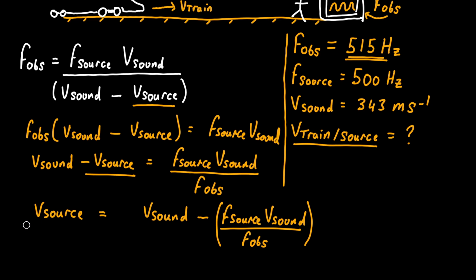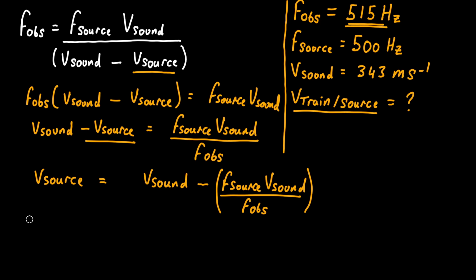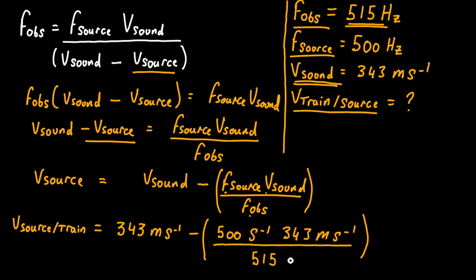So now we can plug in our values. The speed of sound in air is 343 meters per second, and we subtract the source frequency, which is 500 Hertz, multiplied by the speed of sound in air, divided by the observed frequency, which is slightly higher than the frequency of the horn at rest.